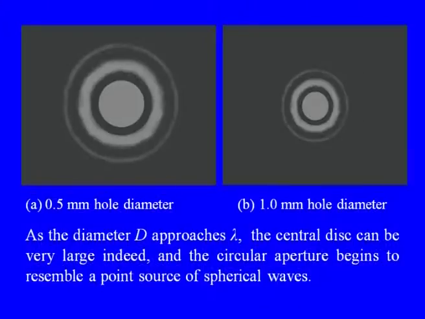For a 1 millimeter hole diameter, the main thing is as d approaches lambda, remember as d becomes very small, the central disk can become very large indeed, and the circular aperture begins to resemble a point source of a spherical wave coming out in all directions.